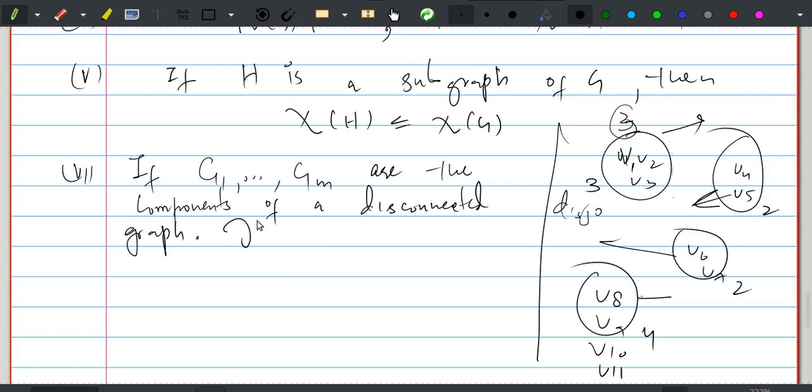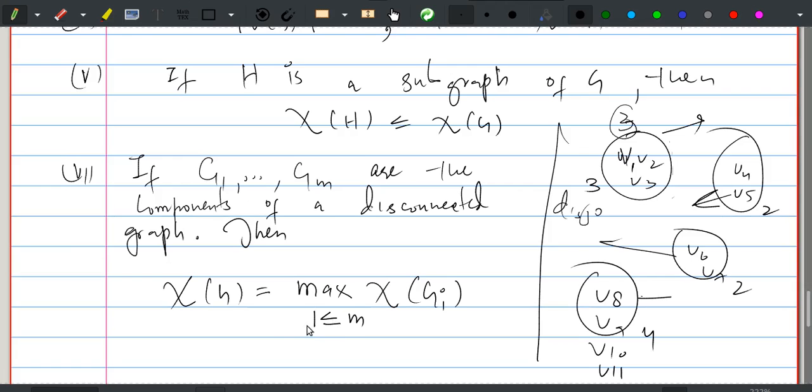So then chi of G will be equal to the maximum of chi of Gi, where i lies between 1 and m.